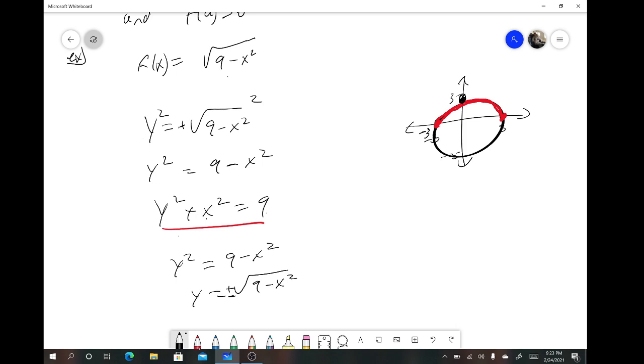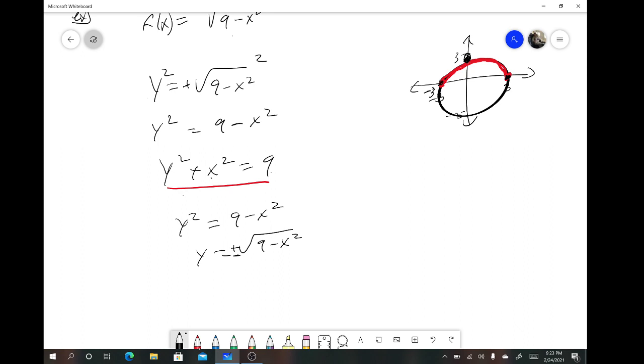Alright? So we can clearly see that this is going to be continuous. And the endpoints are included. But we still have to say a little bit more about this. So we can see that we are going to be continuous at every point within the domain. What is the domain? Well, what is the highest value that x takes and the lowest value that x takes?